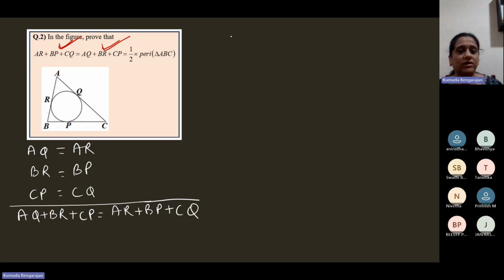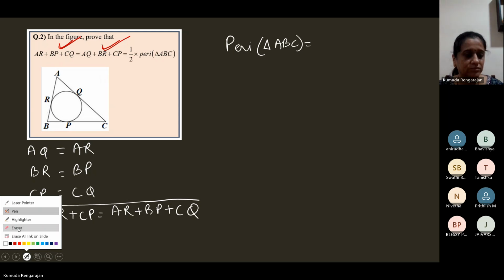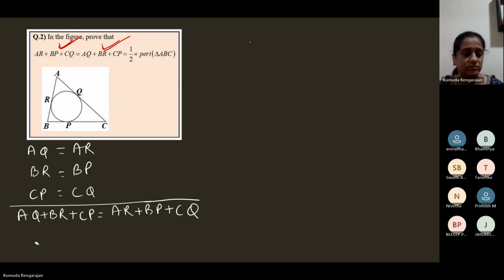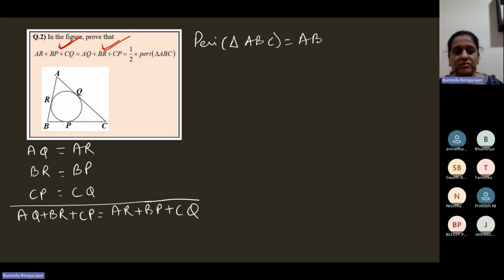Now you have to start like this. Perimeter of triangle ABC is equal to AB plus BC plus CA. Now, what is AB equal to? AB is AR plus BR.